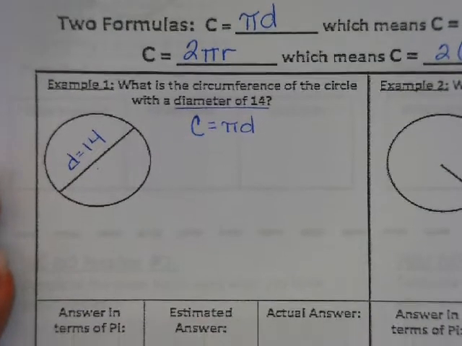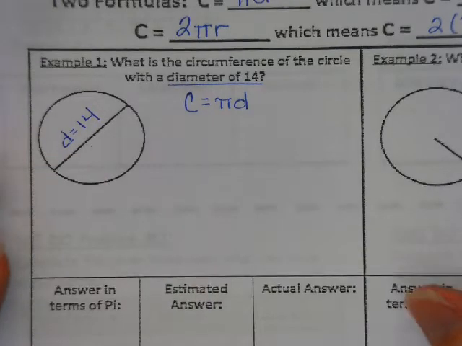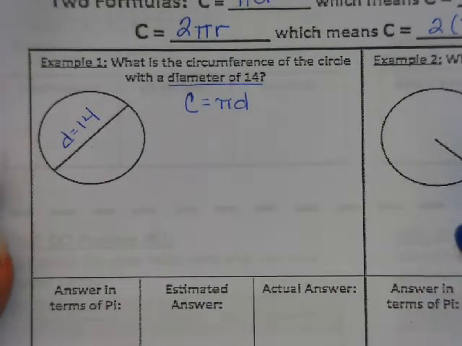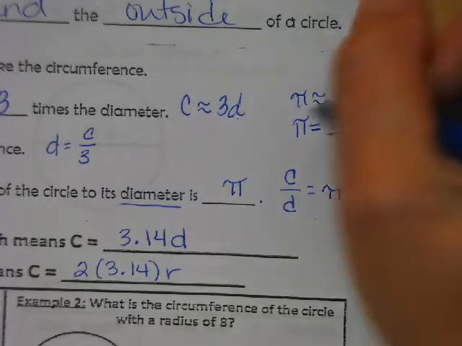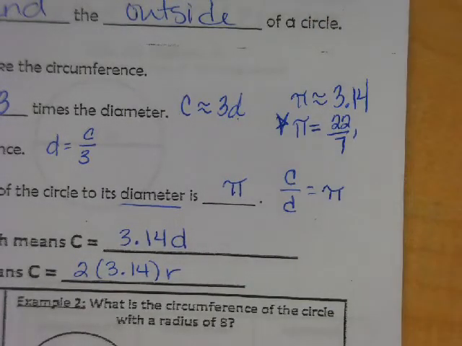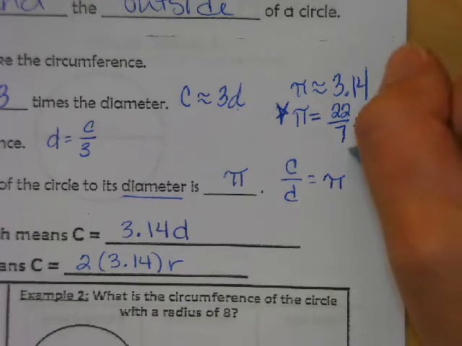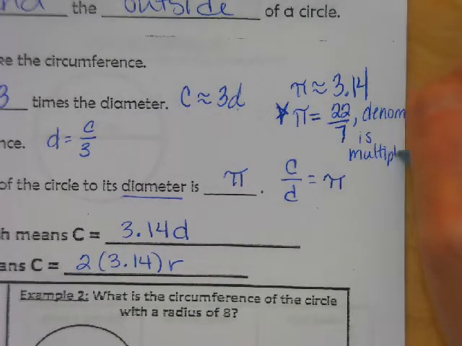Now, we can plug numbers in. So this is the tricky part. I'm going to go back. We said pi is 22 over 7, right? Let's make a little note up here where we wrote that. We're going to put a special star. And we only use 22 over 7 if the denominator is a multiple of 7.